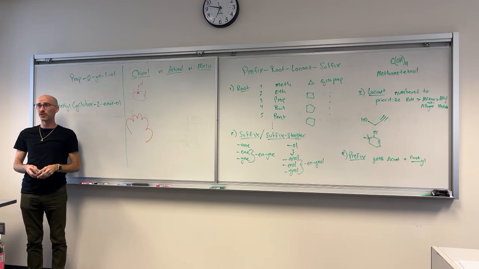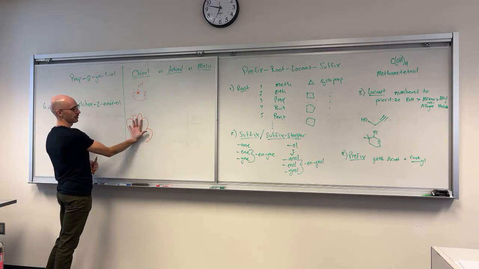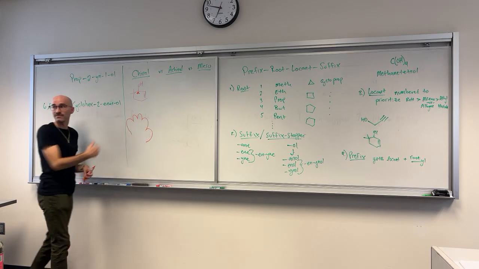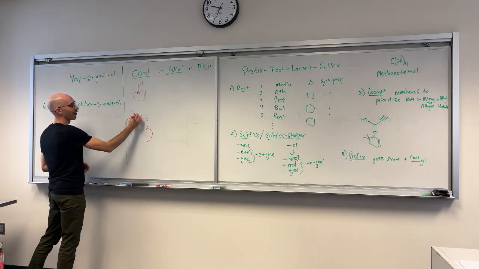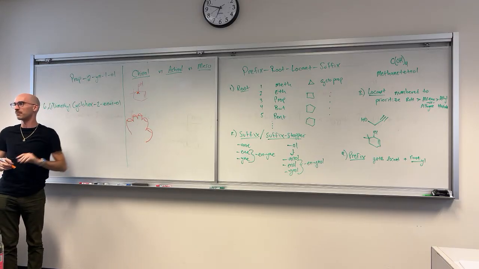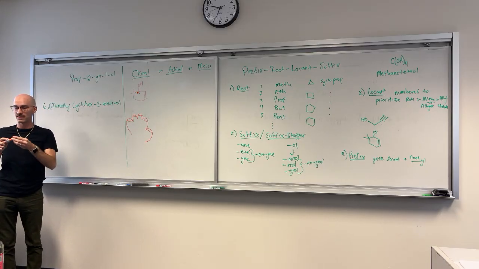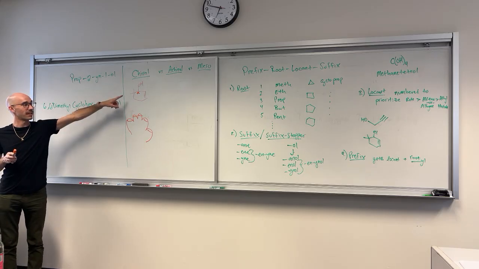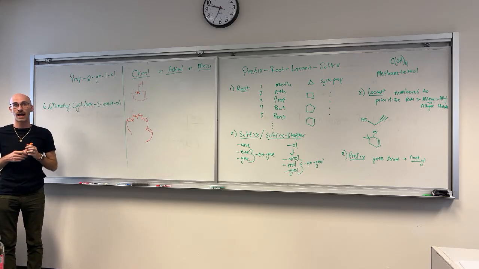Jacob's like, I saw you put your left hand up there. All right, Jacob. How about this? That's my right hand. It fits, right? Now it's my left hand because you have more information. Otherwise, it's not enough information. Not enough information to know whether it's R or S, but enough information to know that it's chiral.